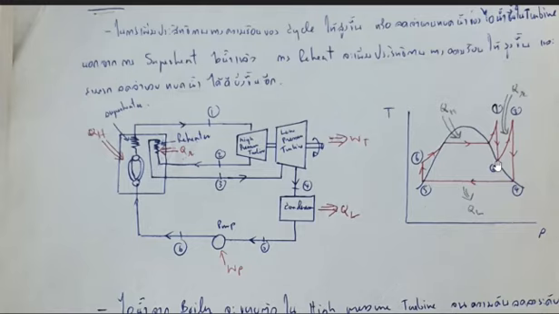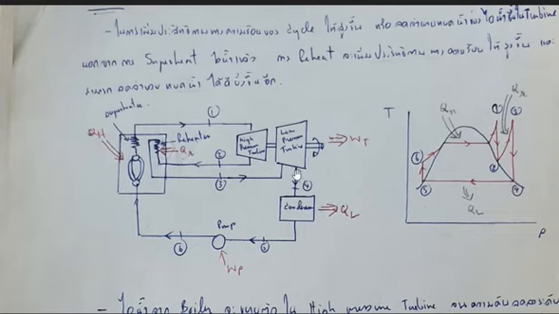So it will be reheated to this point number 3, and then it will go to the second stage turbine, or the low pressure turbine, to produce more work.